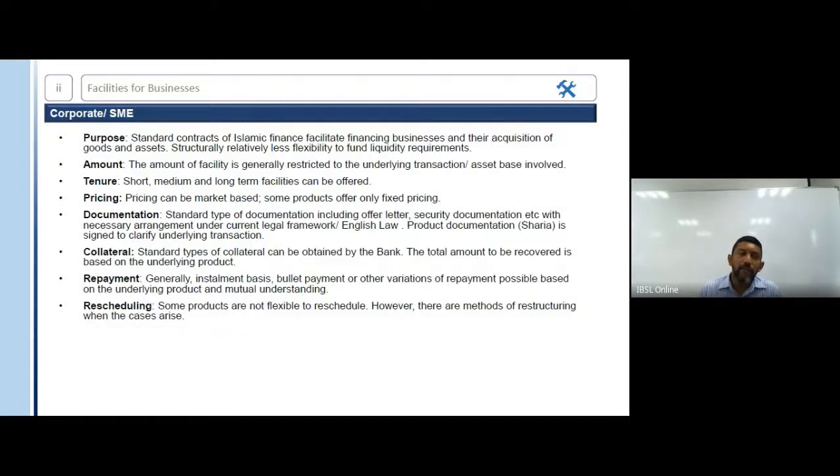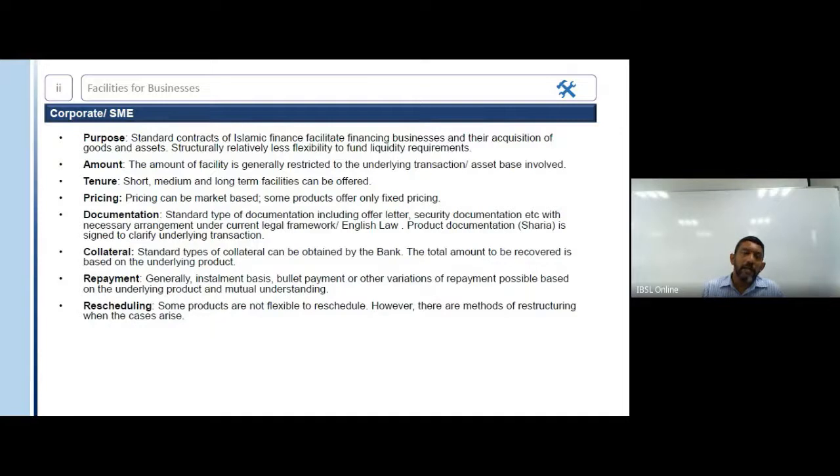If you have any further questions, you're free to ask now before we move on to individual details of facilities. So how we will look at the advanced products is few products for businesses and few products for individuals. We'll try to categorize them like that, and then look at 3 or 4 different products.